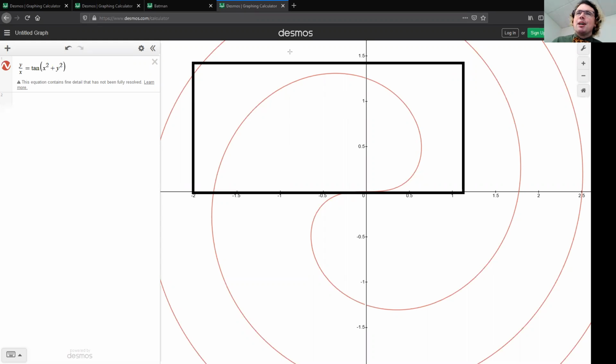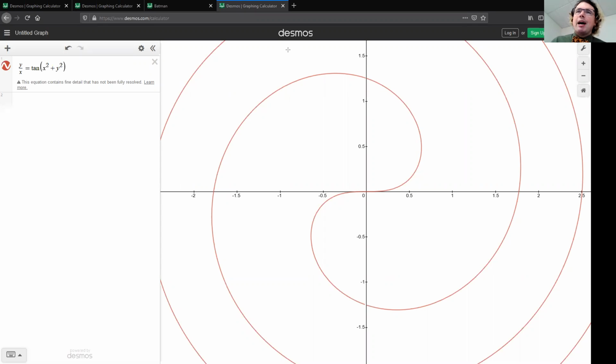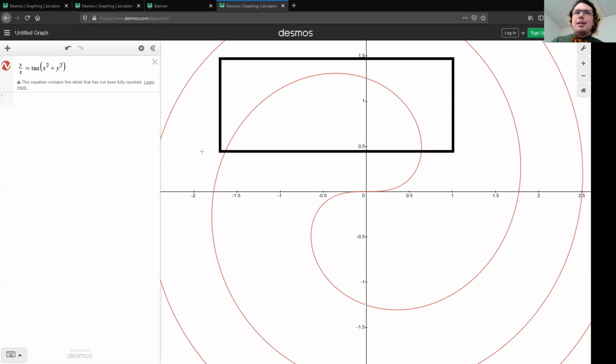So inside of this box, not a function. Why is it not a function? Because it fails the vertical line test right there. What about inside this box? Inside this box, this segment of the curve could be the graph of a function, because inside of this box, it passes the vertical line test.